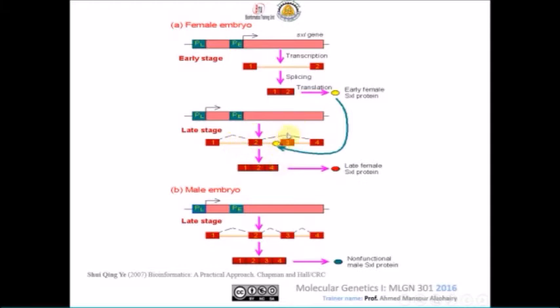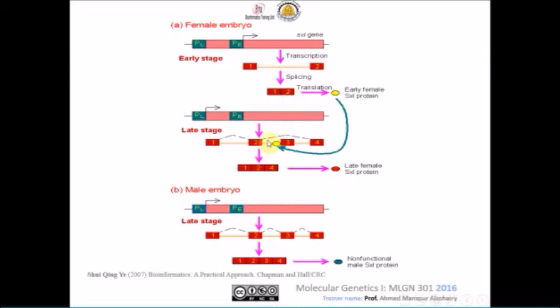The signal to remove this intron will be masked by the early female SXL protein, which has been produced in the early stage. And then the final protein will contain 3 different exons, number 1, number 2, and number 4. This protein, which has 1, 2, and 4, is functional, but the first one is not functional.